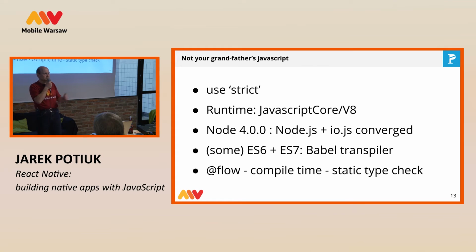Now Node 4.0 has been released in the meantime, and this is where Node.js and io.js converged. They converged a week or two ago, and two weeks ago React Native released a new version when Android was released a week ago actually, and they are already using it. So they are really at the cutting edge of lots of things.